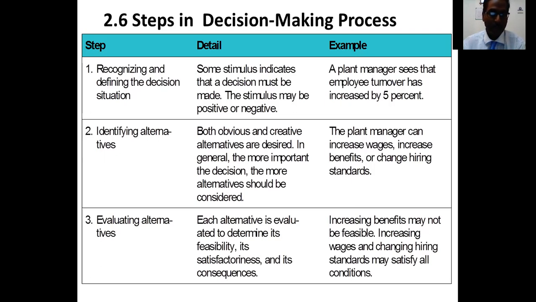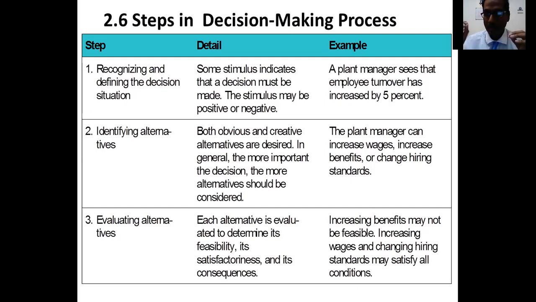That's step two. Third one, evaluating alternatives. Each alternative is evaluated to determine its feasibility, its satisfactoriness, and its consequences. So when the manager identified the alternatives, like we have here in this example, three: one is increasing the wages, then increasing the benefits, or changing hiring standards. Now the third step is that the manager has to evaluate which one is best and feasible.